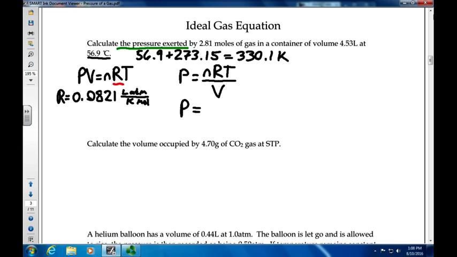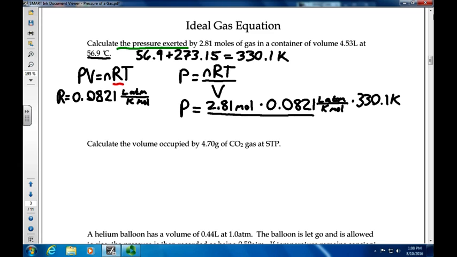So we could say that P is equal to 2.81 moles, which is provided in the problem, times the gas constant, 0.0821 liter atmospheres per Kelvin mole, and then multiply all that by 330.1 Kelvin for the temperature, and then divide that whole portion by the volume, which is 4.53 liters.